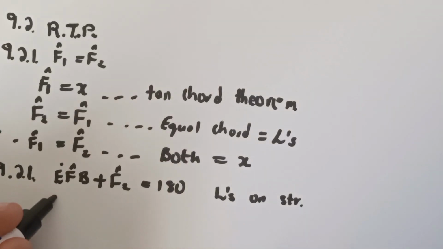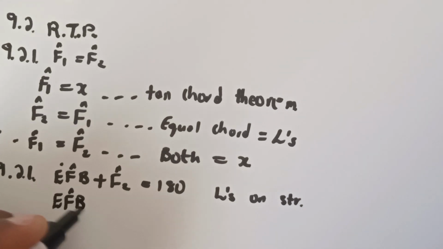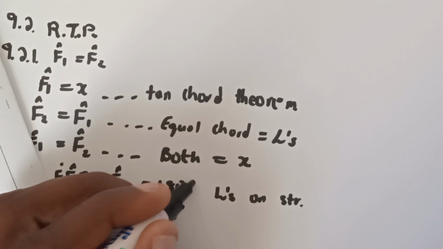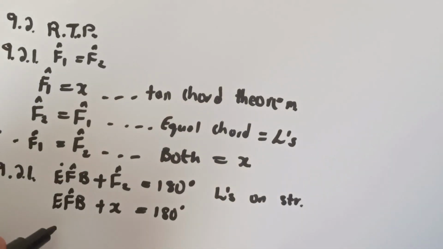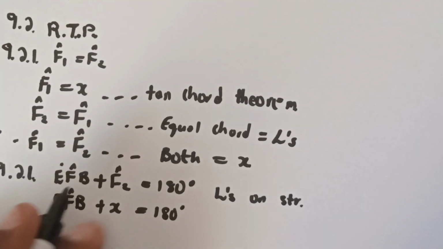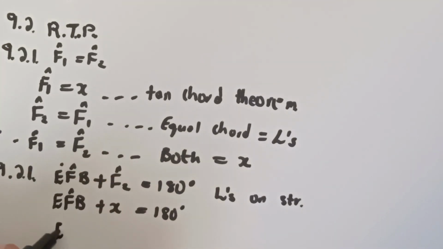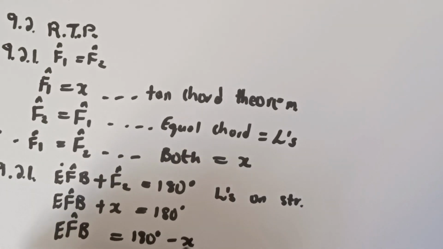We can just simply say that EFB plus x is equal to 180 degrees, and then let's transpose the variable x to the other side, then we are left with angle EFB equals 180 degrees minus x.